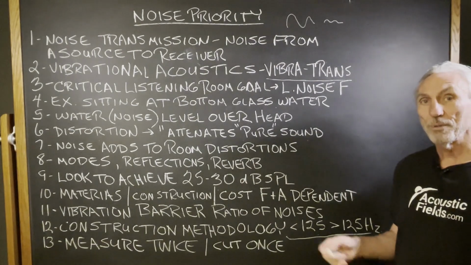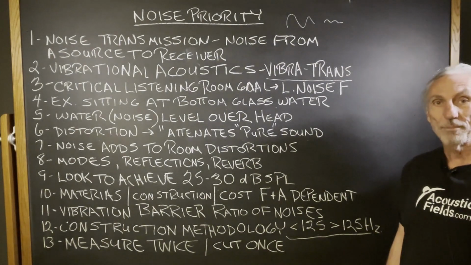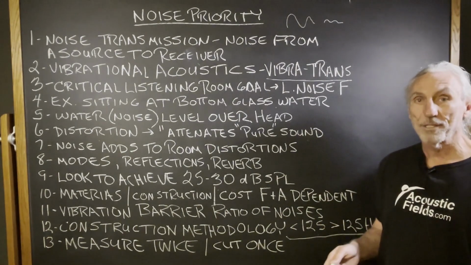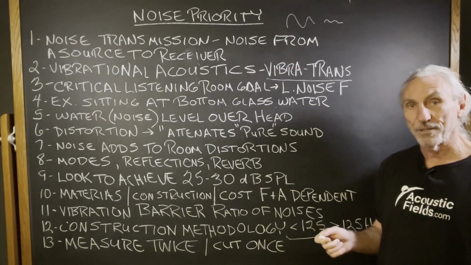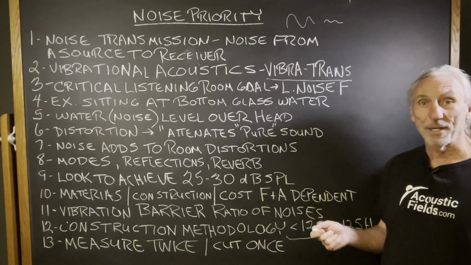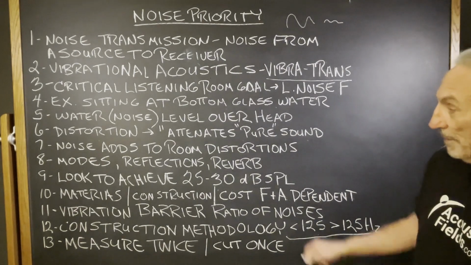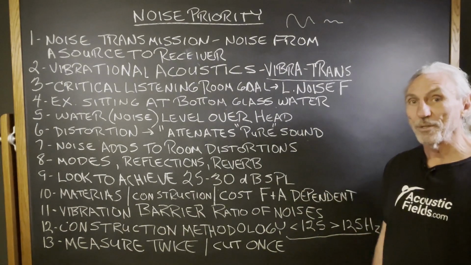Is it below 125, low frequency, garbage trucks, bass guitar, drums, things like that? We have to know those two big breakpoints, and then we have to know the frequency and the amplitude of all the rest of the noise that we're dealing with. We've got to know how strong it is and where it is in terms of frequency. It's really important because everything we do in the barrier design is based upon those numbers.